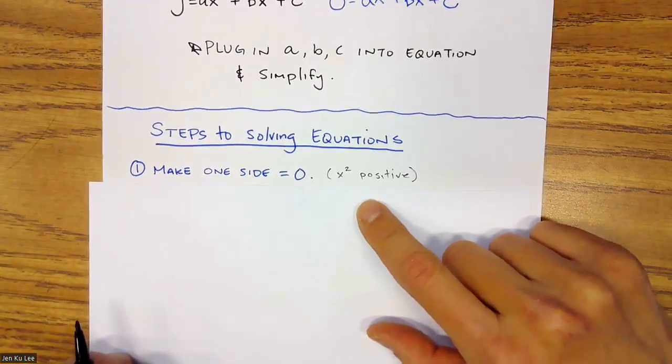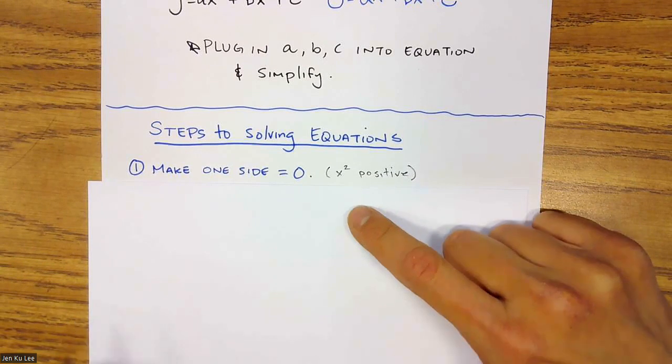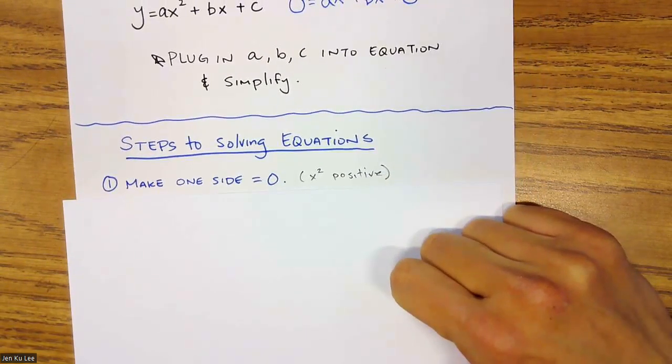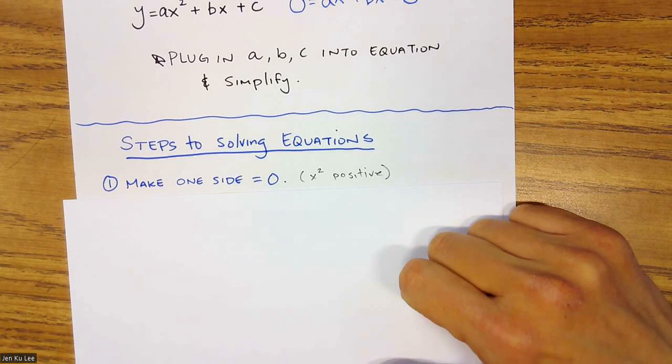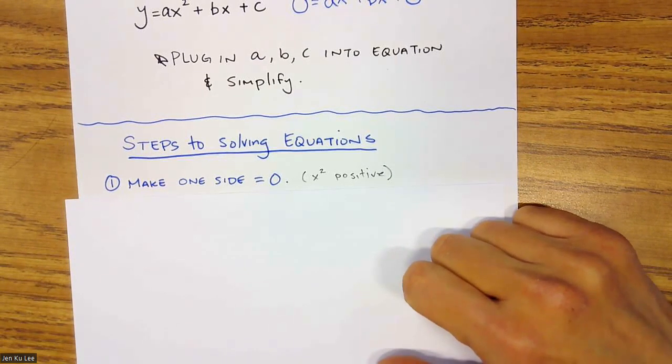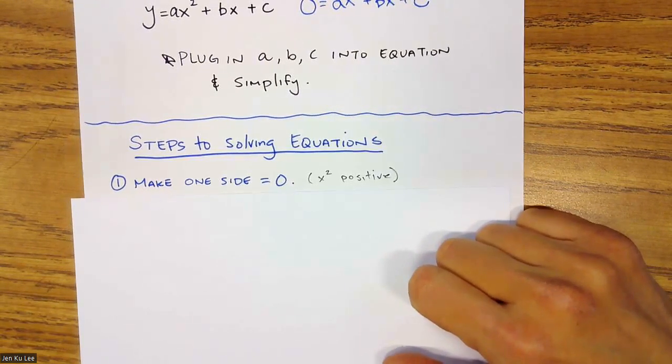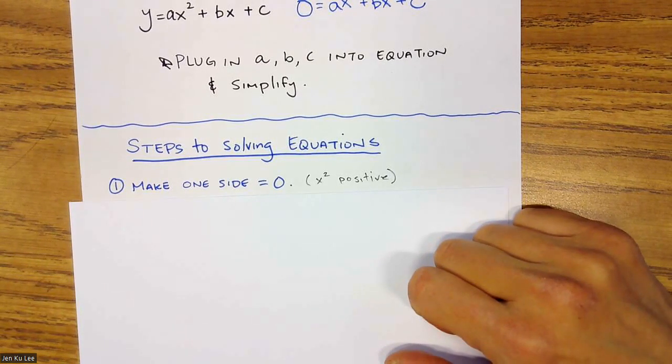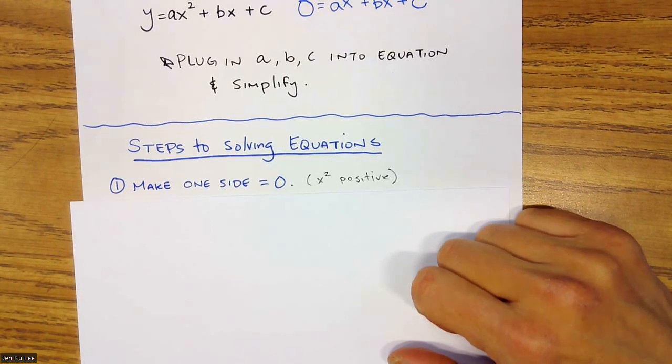You can make it negative, but then it'll just make the math that much more difficult for you. So try to make that positive, even though you might have to subtract or add more.